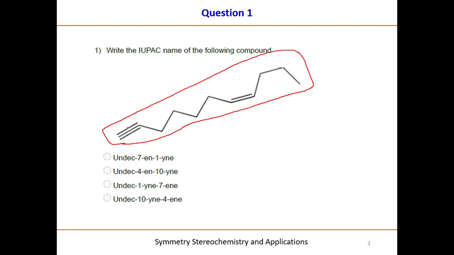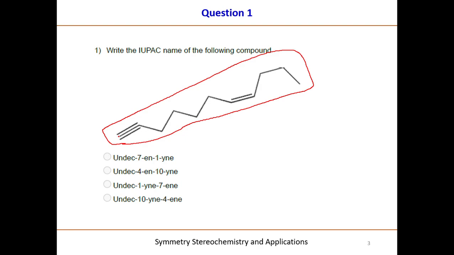Now we have to find out whether any substituent is present on this chain. So you can see here we don't have any substituent present. So this is the longest linear chain directly, and this is the parent chain. So we will start giving numbering on the parent chain. How many carbon atoms are there? You can count here.